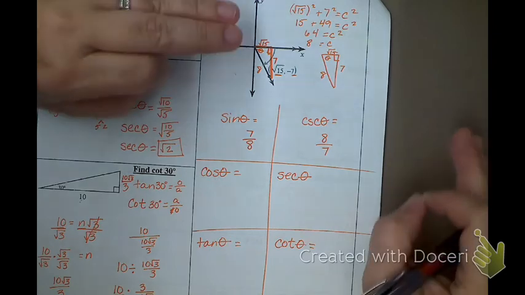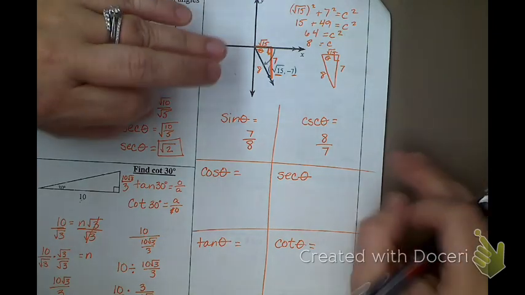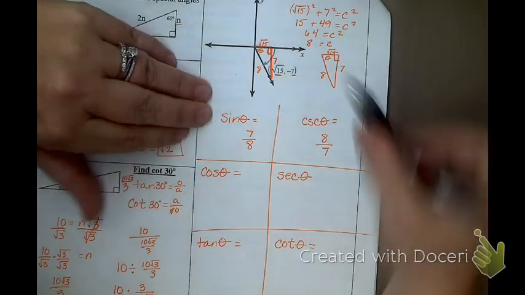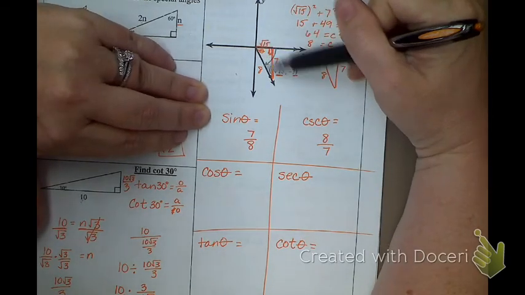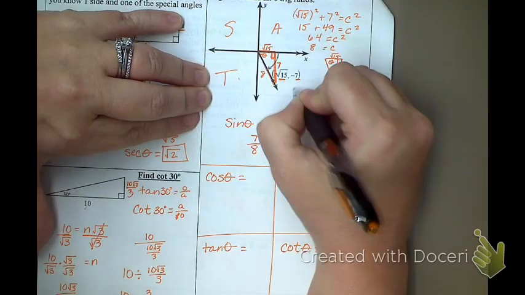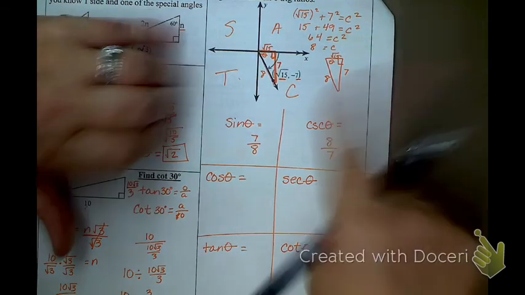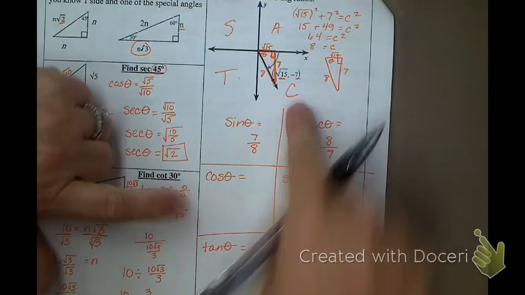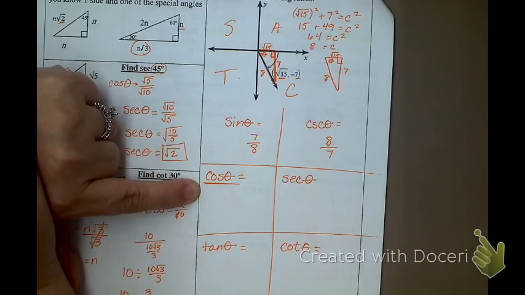Now, something that I didn't look at beforehand, but I should before I get to the end of these, is I have an angle that is in the 4th quadrant. And if I remember, all students take calculus, or all students talk crap. In the 4th quadrant, cosine is the only thing that's positive.